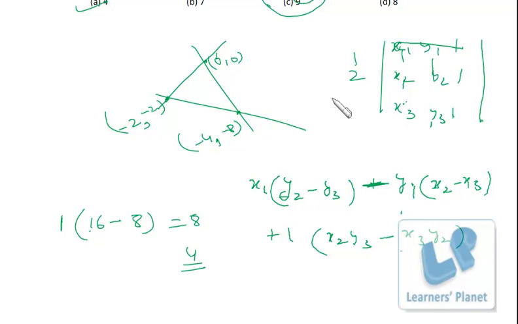And out of the bracket we have half. So this is how we can calculate the value of this determinant.